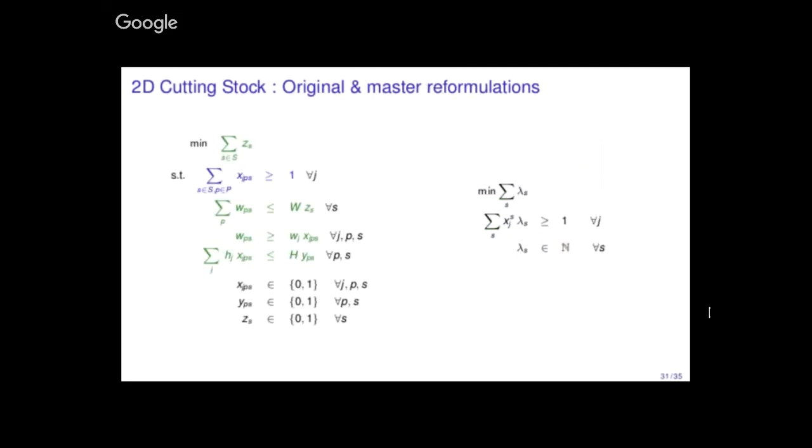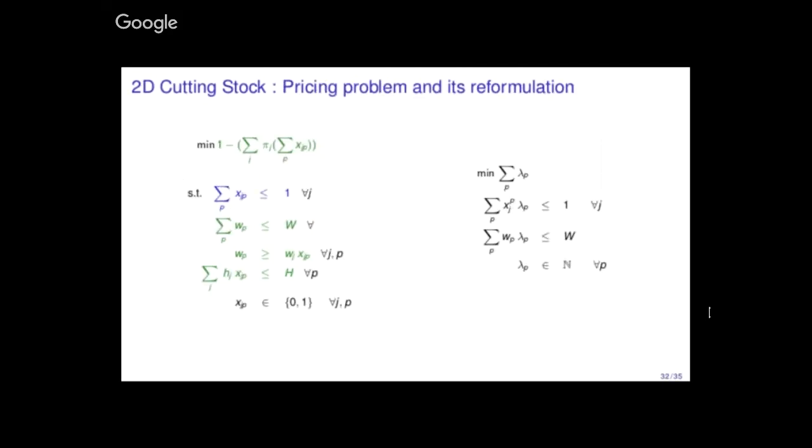Okay. So this is the original problem and this is the first reformulation. This looks very familiar from the 1D cutting stock, except that to generate these lambda variables, you have to generate a strip, not only a 1D cutting pattern. And this is your subproblem formulation, which is basically to generate a strip. What is a strip?